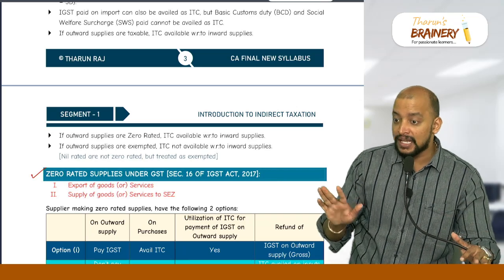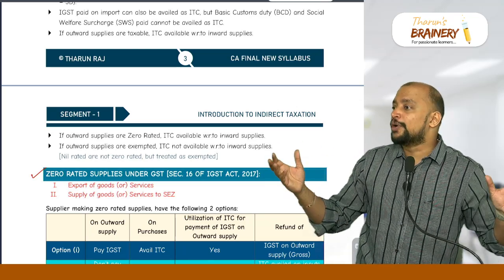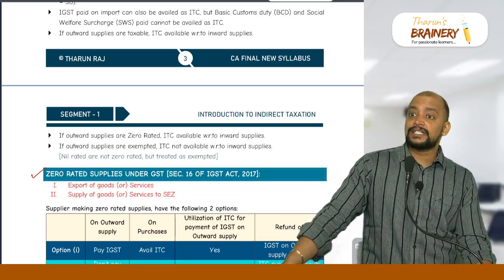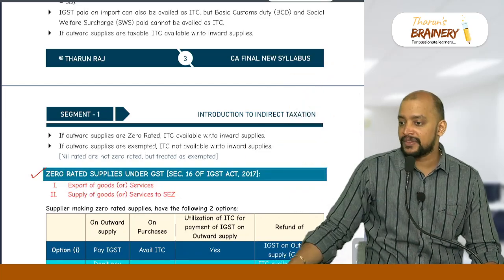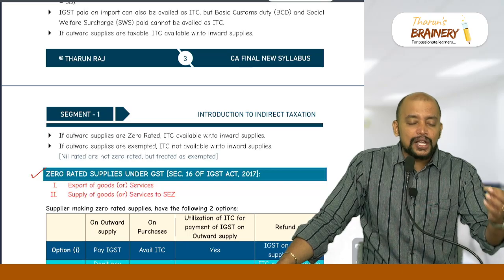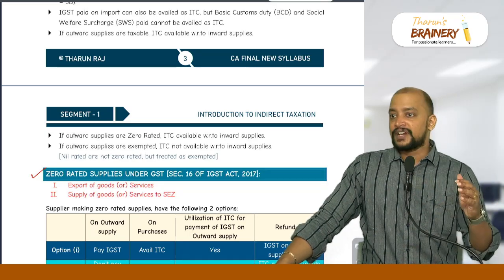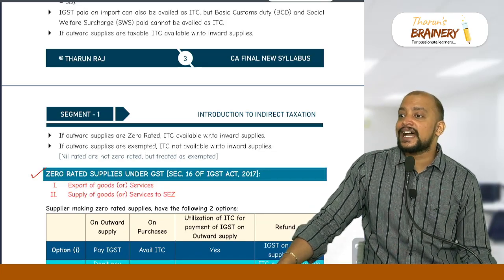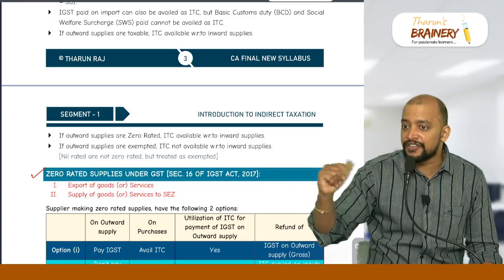Is it clear? And this one-to-one correlation we don't have to bother about in input tax credit. Whatever material I purchased, whether it is present in the final product or not, I don't have to check. If it is used in the course or furtherance of business, that is sufficient. For example, in costing you would have studied direct material and indirect material. Direct material is something which is present in the finished product.